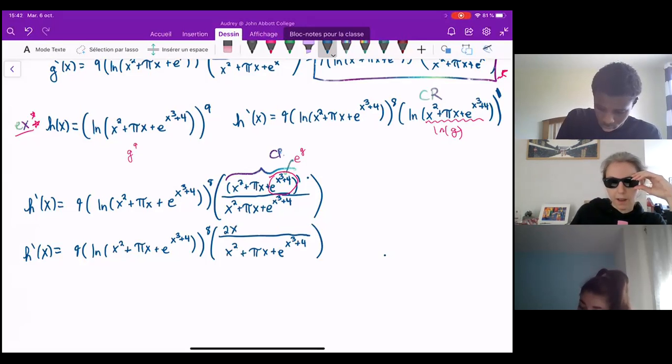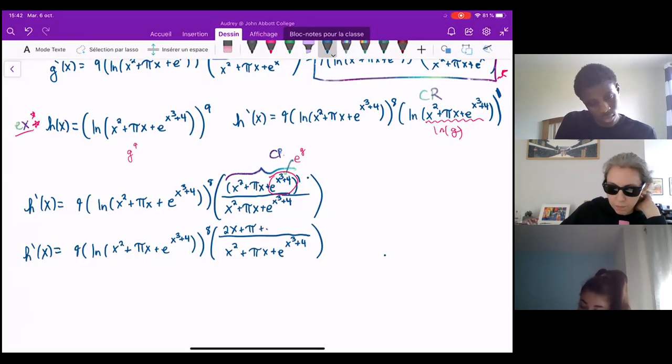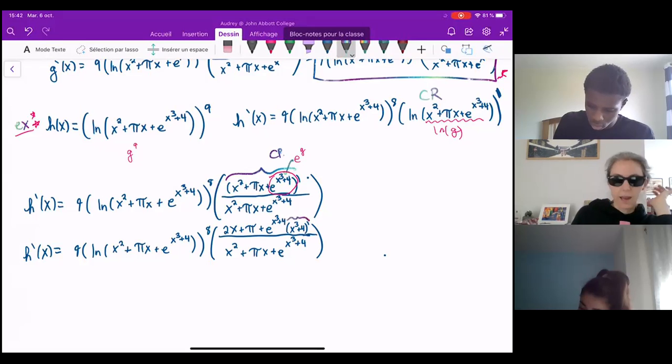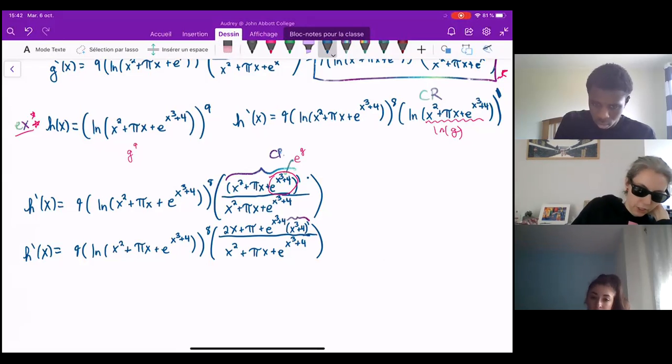I'll tell you because I want to have time to do another problem. 2x. The derivative of pi x is pi, but now I have e to the g. So this is plus e to the x cubed plus 4 times the derivative of x cubed plus 4. And now I have this other prime. And I'm pretty much done with the problem because the derivative of x cubed plus 4 is just 3x squared. So we really don't have anything left to do.